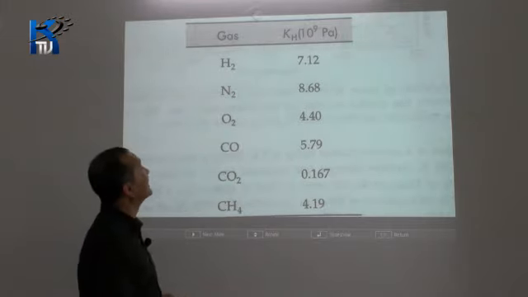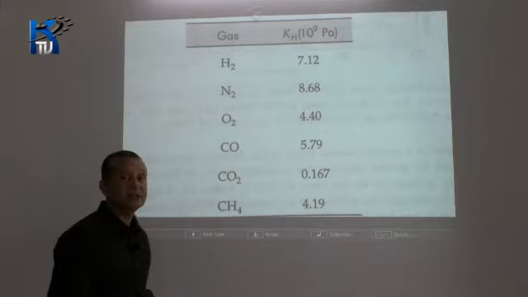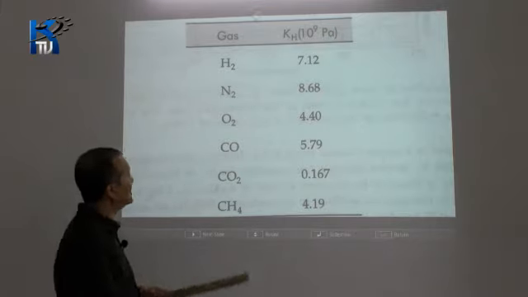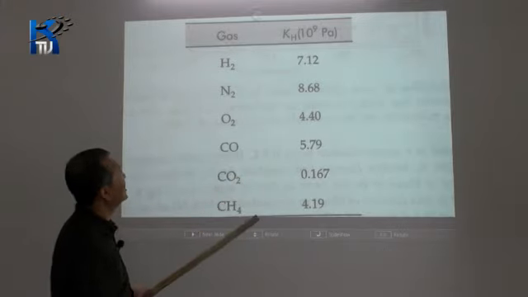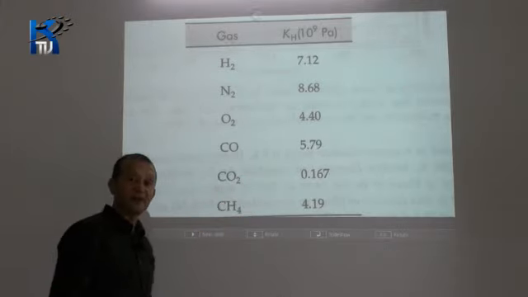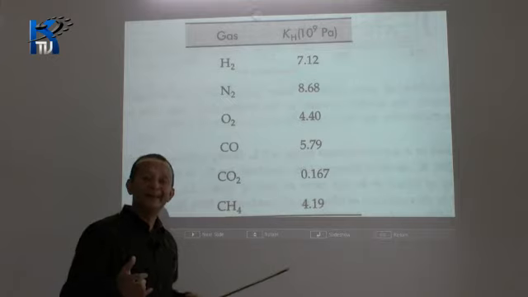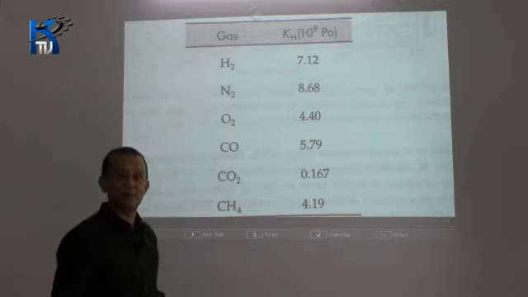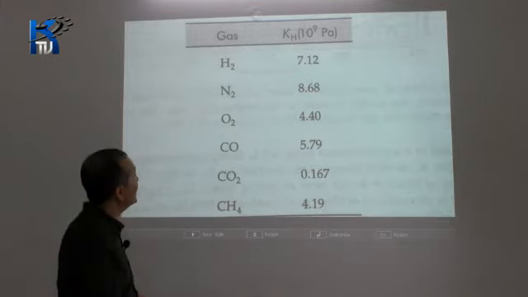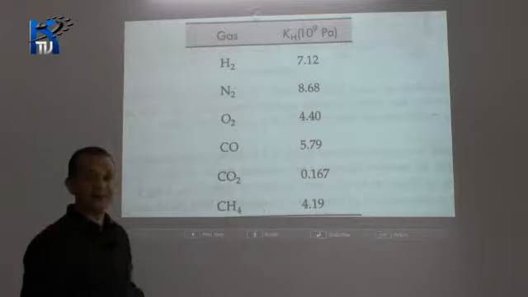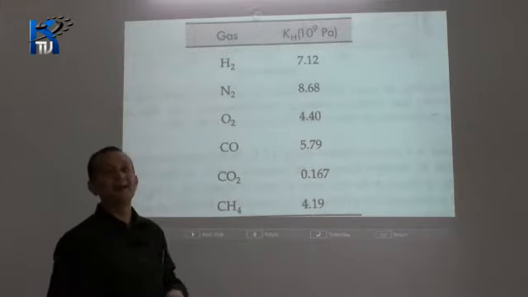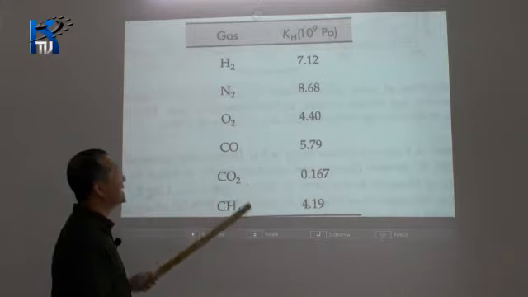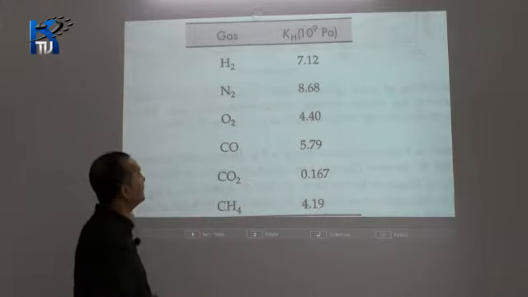That means nitrogen is the least soluble out of all these gases. And the least value of K_H means that the gas is most soluble in water. The least value of K_H is that of carbon dioxide, 0.167 into 10 to the power of 9 Pascal. Therefore, carbon dioxide is the most soluble out of all these.